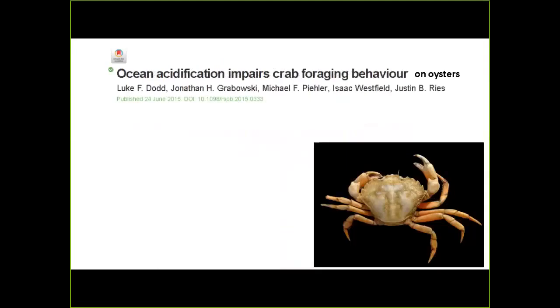Oh, problem. It turns out that ocean acidification has some really unanticipated effects on behavior. I'll say more about that in a minute. But ocean acidification, it turns out, interferes with the ability of some crabs to forage effectively, and they actually did the study on oysters. I stuck the oysters in there.